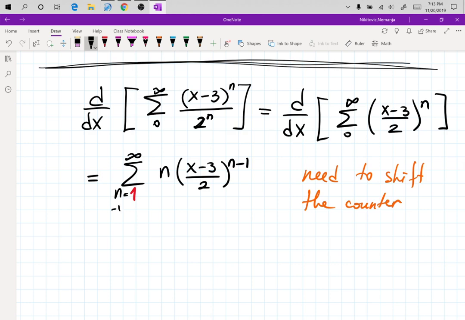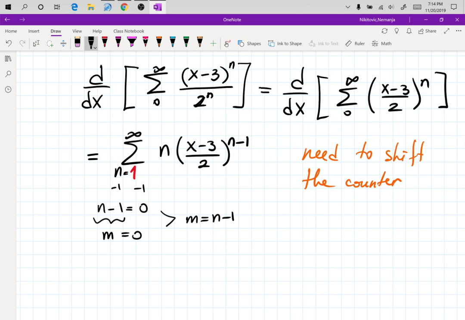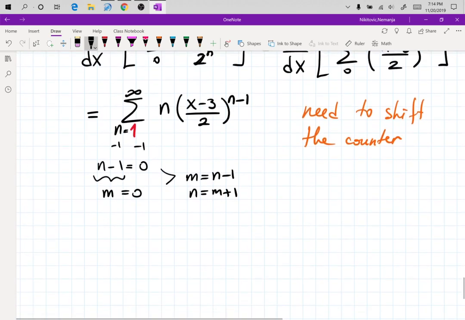We know that n equals 1, right? So I'm going to subtract 1 on both sides. Absolutely the same steps we did in geometric. Subtract 1 on both sides, we get n minus 1 is equal to 0. Call this m or k or whatever. m equals 0. So from here we figured out that m is n minus 1 or n is m plus 1, depending on what we need to plug in.